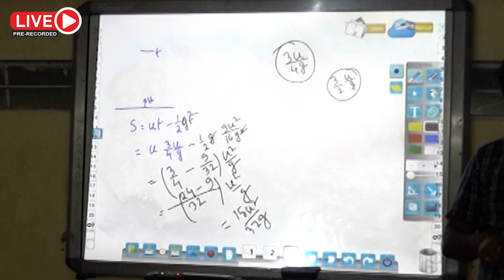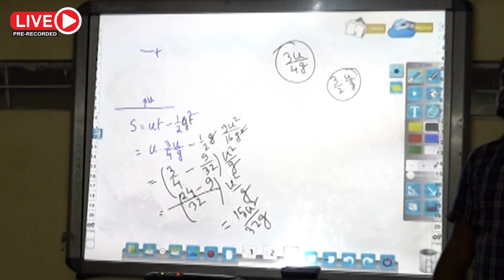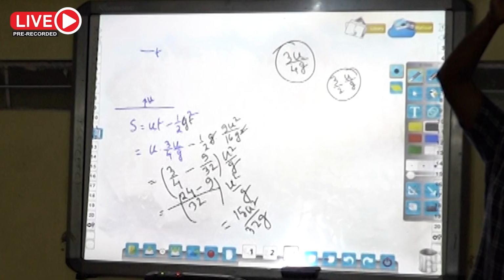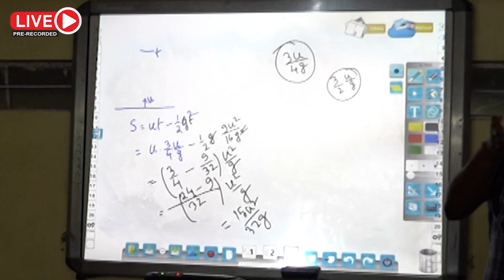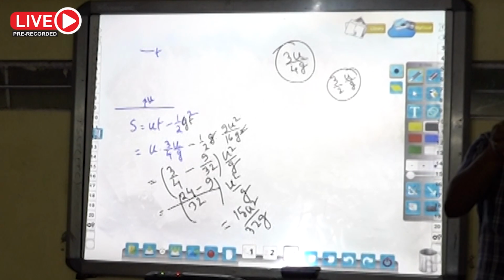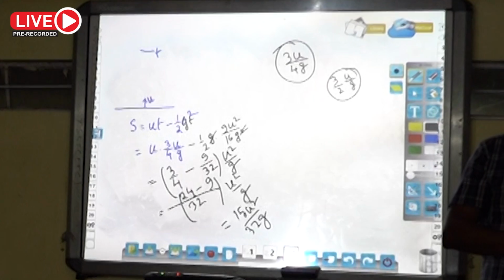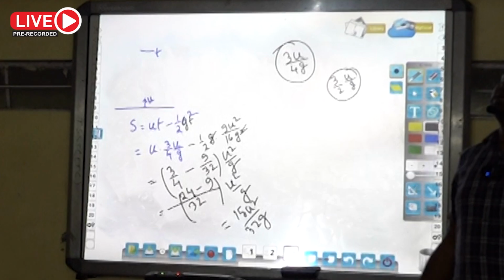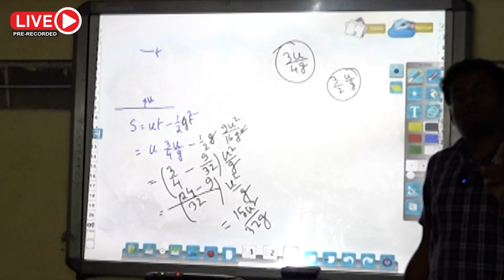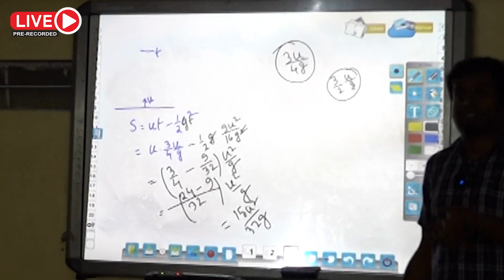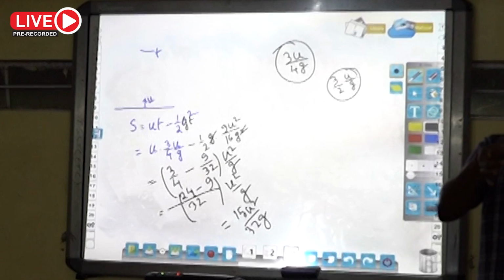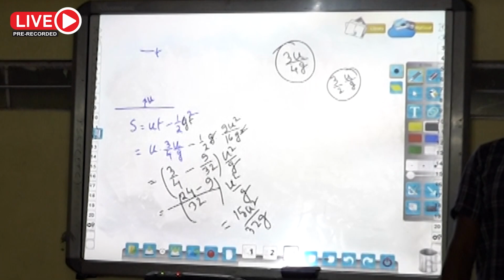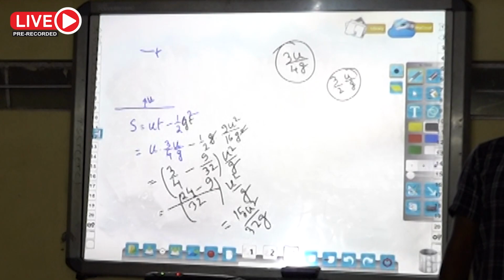So the displacement will decrease, but distance travelled goes on increasing, because if it is going to the top and then falling a little bit, then displacement will decrease because the direction of motion is changed. But distance travelled being a scalar quantity, it will not change, so its value will continue to increase. So you have to calculate in different parts, up to the time of ascent and then the remaining time during which it is falling. So two portions have to be calculated separately.